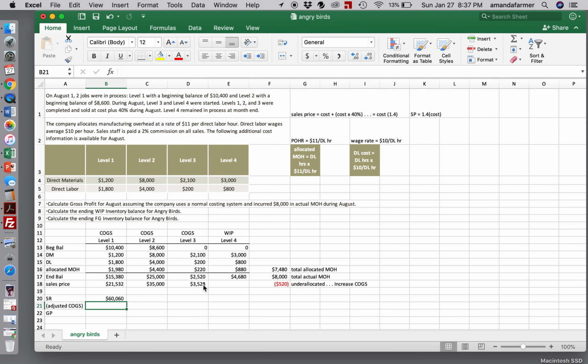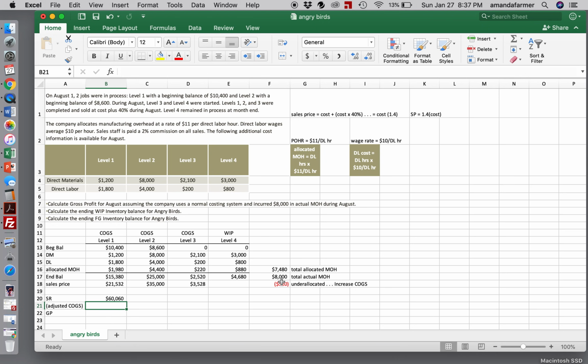Now, this also confuses students because you're like, okay, wait a minute. We're basing the sales price on a number that includes an allocated MOH. You see that? So we didn't go back and adjust these jobs, even though we knew we had under allocated. And here's why. In a problem like this, you're seeing the end result. You have the full picture.